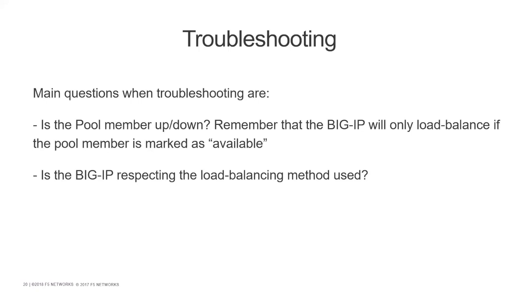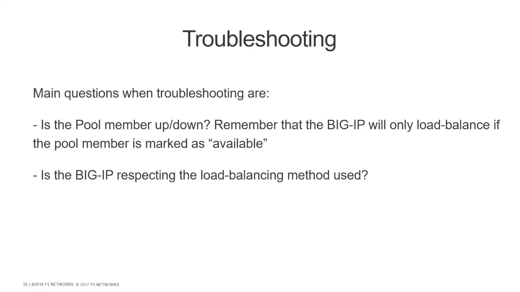But it's really important to know that if, for example, we see that the load balancing is uneven, and we have 3 pool members and only one of them is getting connections, and we have round robin, well, something is wrong, because round robin will presume that the connections are balanced evenly.